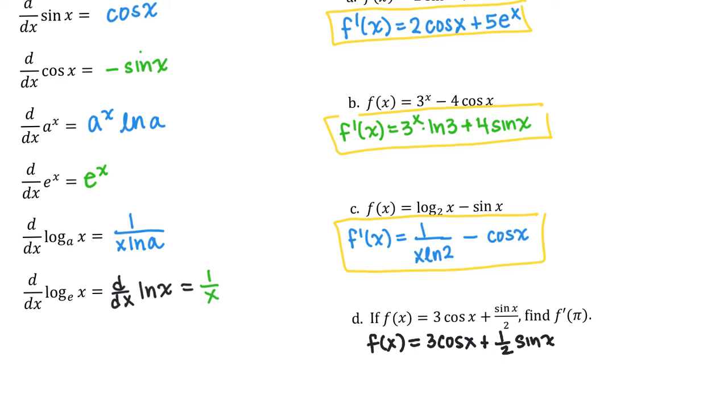Okay, so the derivative of f of x, or f prime of x, is 3 times the derivative of cosine, which is negative sine. So 3 times negative sine x is negative 3 sine x, plus 1/2 times the derivative of sine x. The derivative of sine x is cosine x.